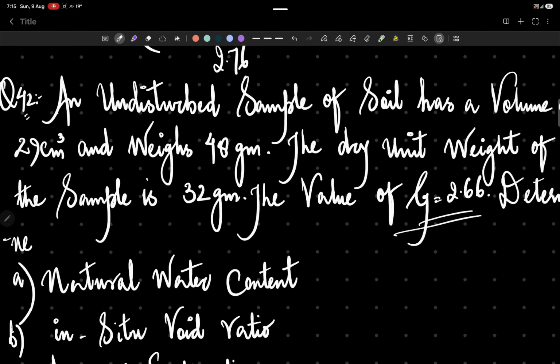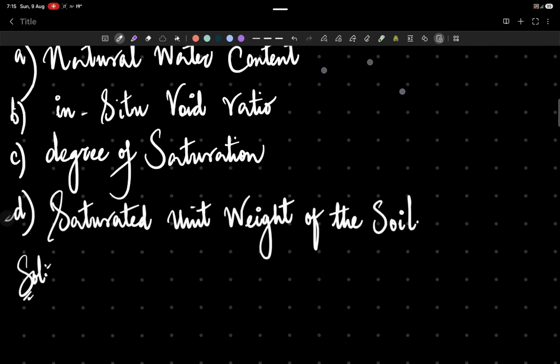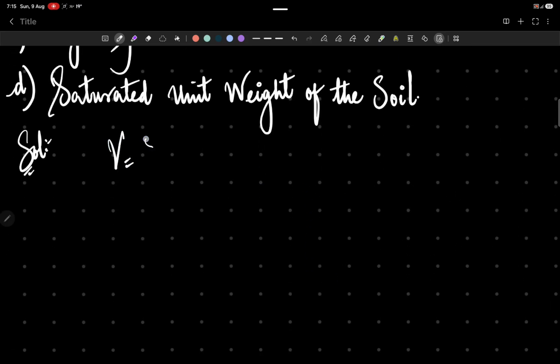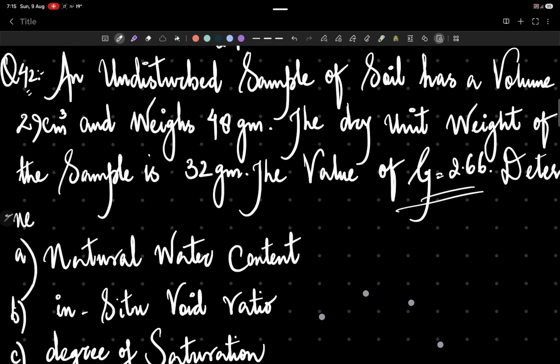Question says an undisturbed sample of soil has a volume of 29 cubic centimeters and it weighs 48 grams, and the dry weight of the sample, this is not the unit weight, this is the dry weight of the sample, is 32 grams.